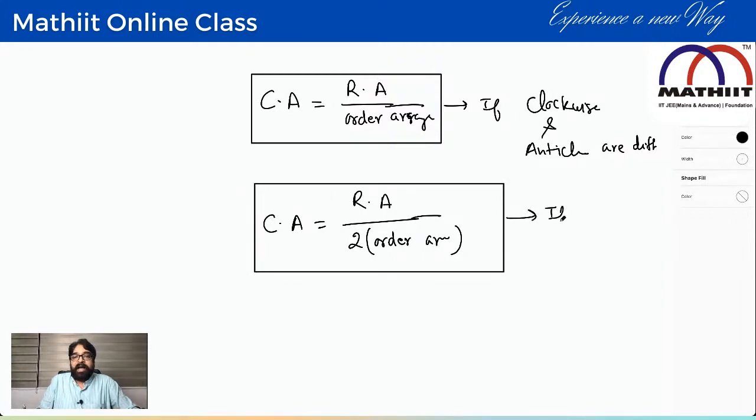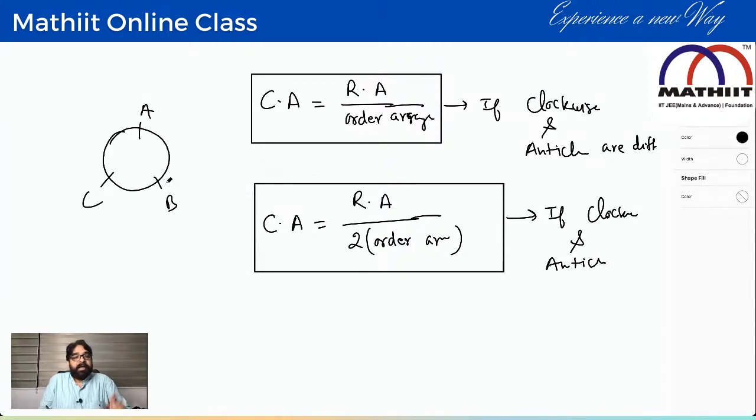If clockwise and anti-clockwise are the same, meaning, check it. Suppose I say A, B, C. If I'm reading clockwise, I will speak ABC. But if I read anti-clockwise, I will read ACB. So in this situation, clockwise and anti-clockwise are different.